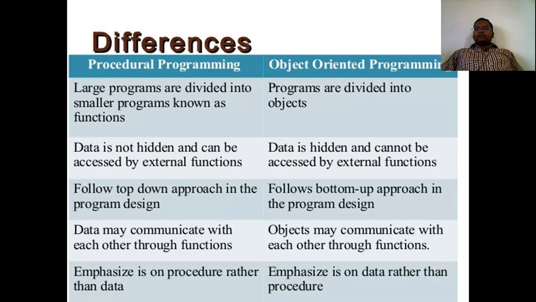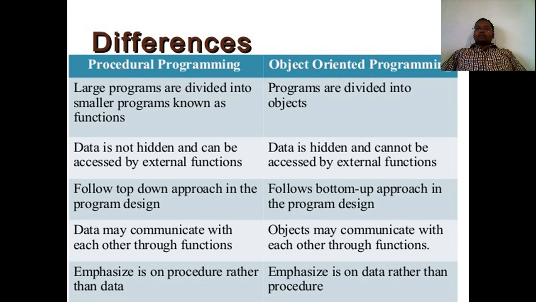So there is a difference between procedural programming and object-oriented programming. In procedural programming, large programs are divided into small programs known as functions. In object-oriented programming, programs are divided into objects. In procedural programming, data is not hidden and can be accessed by external functions.